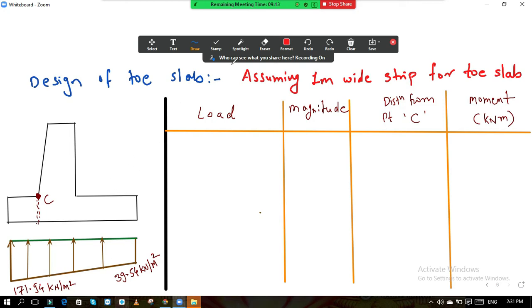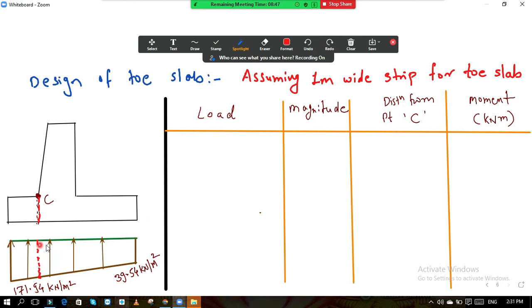Now you can see if I project this, this is our point C. Okay. So if you project this over here, we need to calculate what is the pressure at this point. How are we going to calculate it now?